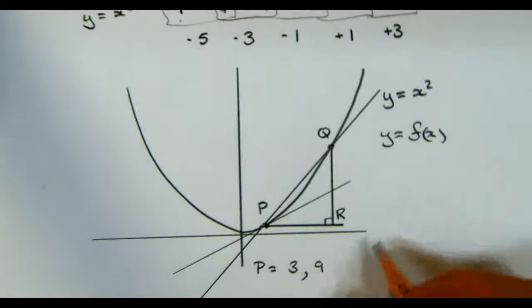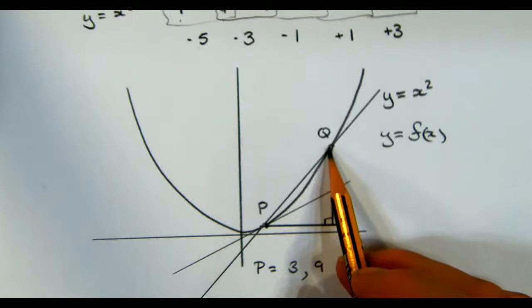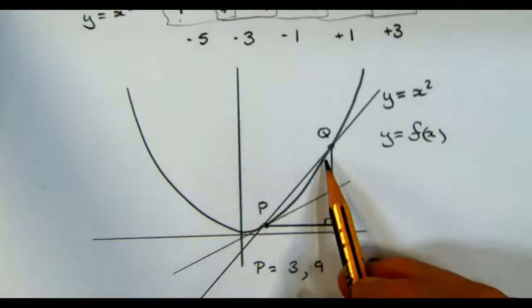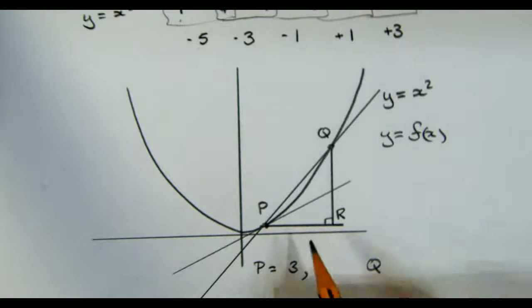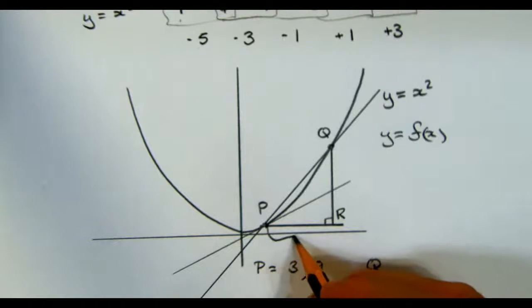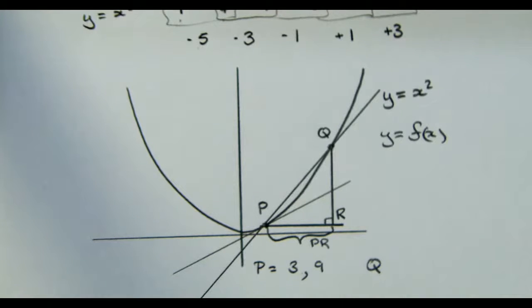And our point Q is going to be a point that is nearby. So let's imagine Q has a different distance to P. For the bottom of this triangle, this distance here is going to be PR.